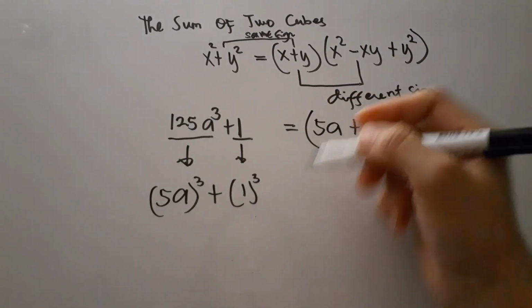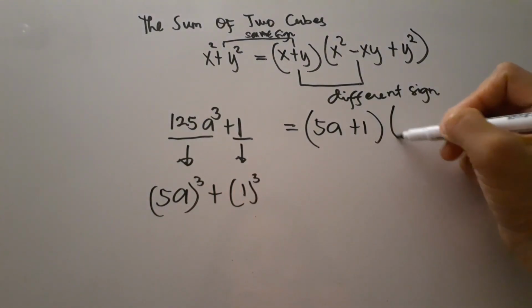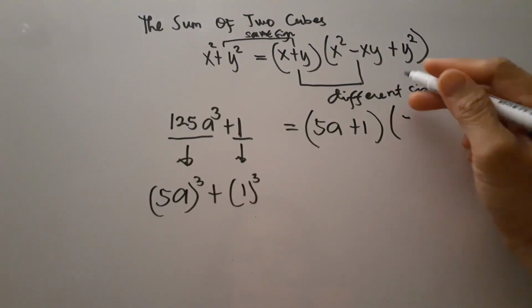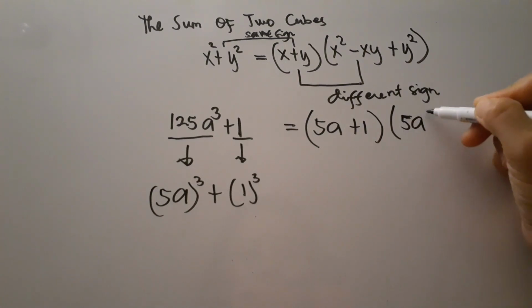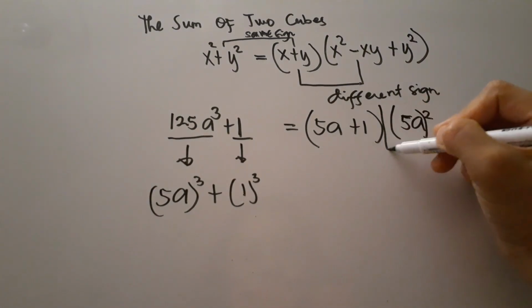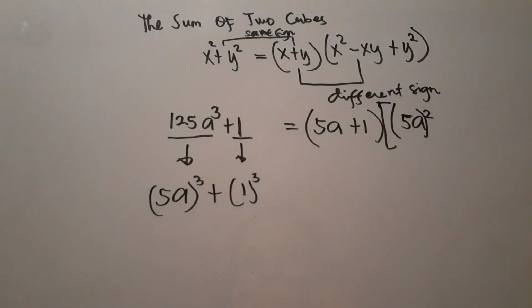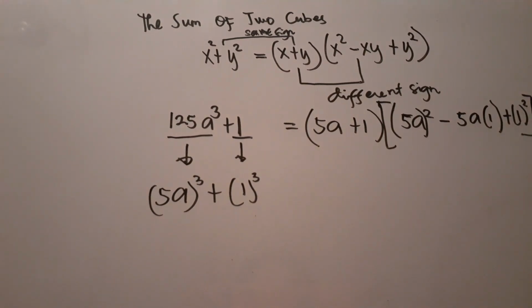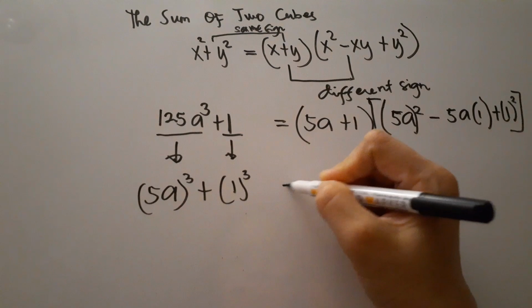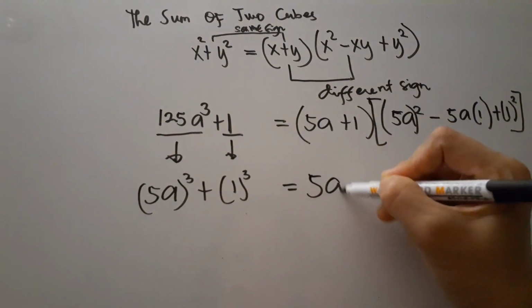This is our first binomial. Remember the formula above, which is x plus y and x squared negative xy positive y squared. Here we can have negative. We combine together 5a times 1 becomes 5a. Then the square of 1, and then which is equal to 5a positive 1.